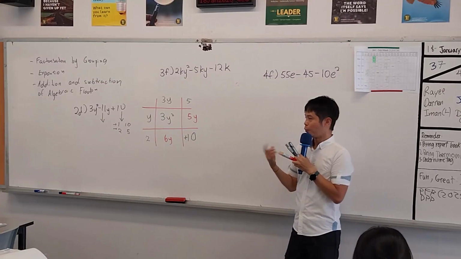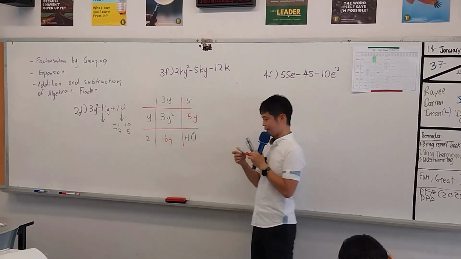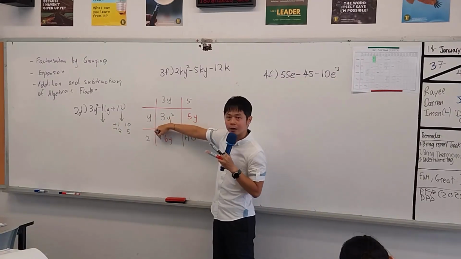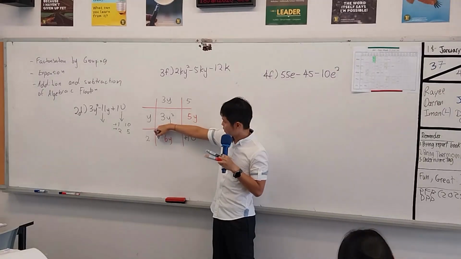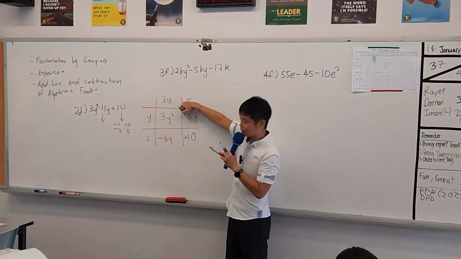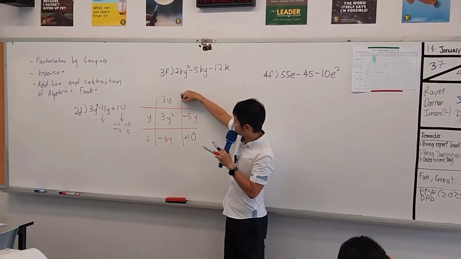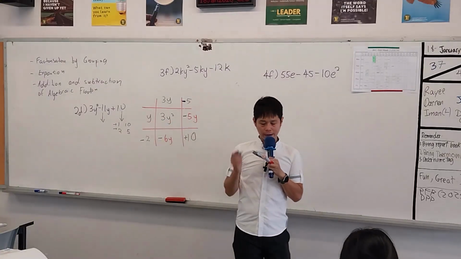Now let's recall, we need negative 11y. Should I have plus or minus 6y? Should I have plus or minus 5y? If this is minus, this must be minus. If this is minus, this has to follow. So what are the factors?